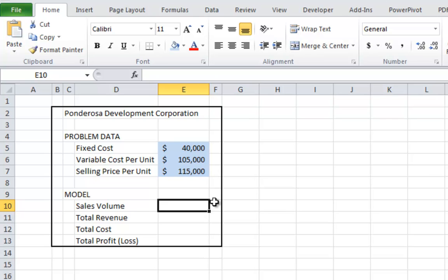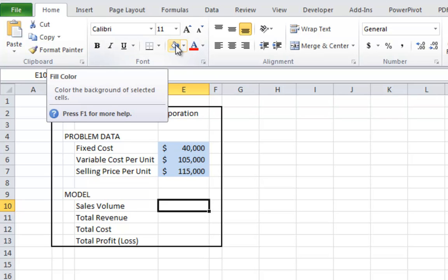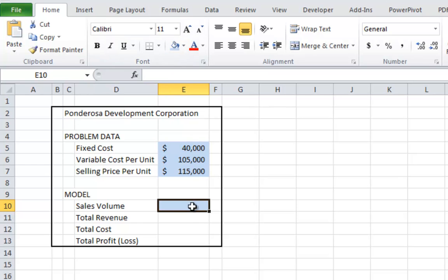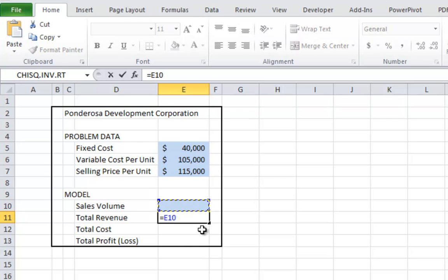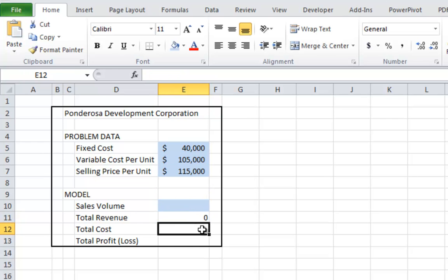The sales volume, that's something that I could be changing, so I'm going to put that into blue as well. Total revenue is going to be the number of cottages I build and sell times the selling price per unit. So in our case, it'll be E10 times E7.